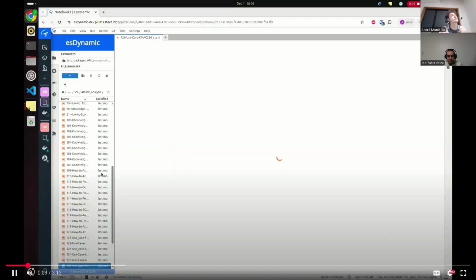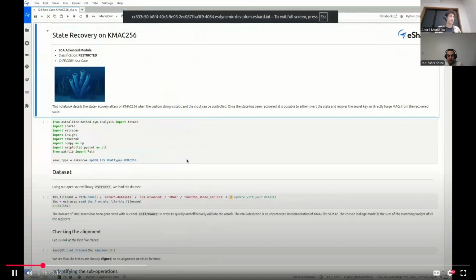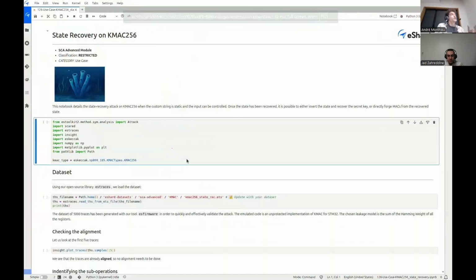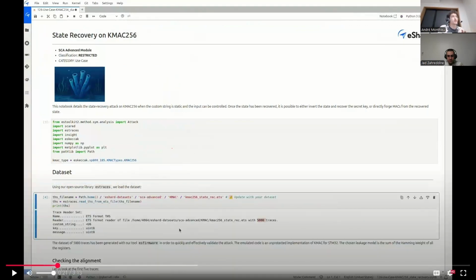I open it, I wait for it to load, and I put it in full screen. So the first thing we do is import all of the libraries. Then we open the dataset here. As you can see, we have 5,000 traces with some useful metadata like the customization string, the key, and the message.